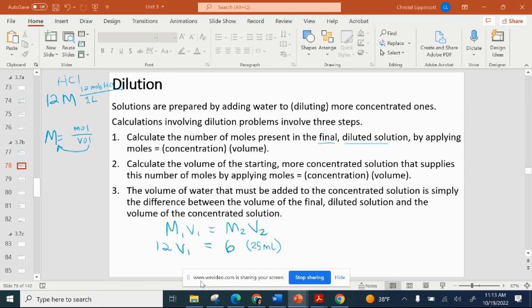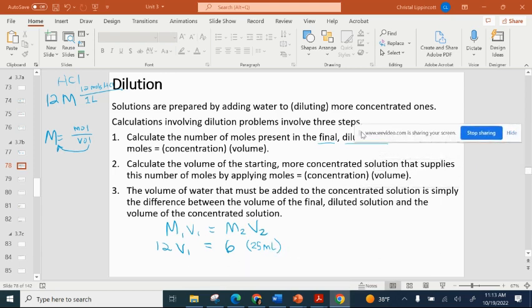Okay. So now we are going to solve for how many milliliters of this I need. Now with M1V1 equals M2V2, you can keep this in milliliters. If you're doing molarity, it has to be in liters. You don't have a choice.